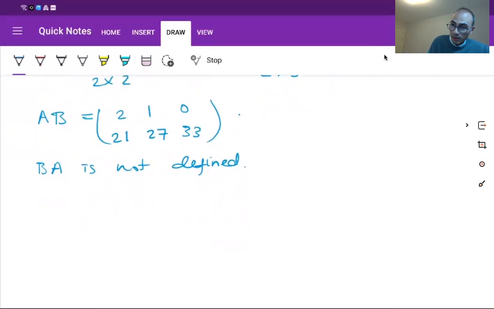Okay, so let me state some properties of matrix multiplication, rather properties of these binary operations that we define for matrices, properties of matrix operations.